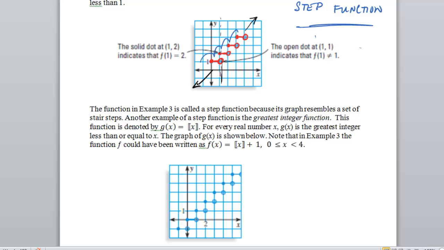And so it creates this infinite staircase function, if you will. So just understand that when you see this bracketed value, it's going to continue on infinitely in both directions. So that is the greatest integer function. And we'll talk about that in as much detail as we need to in class. Here I'm just going to leave it at that.